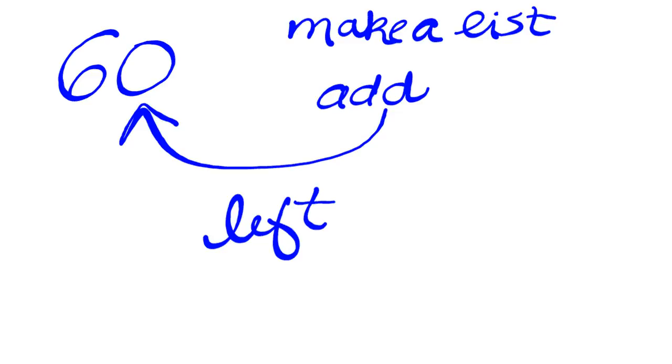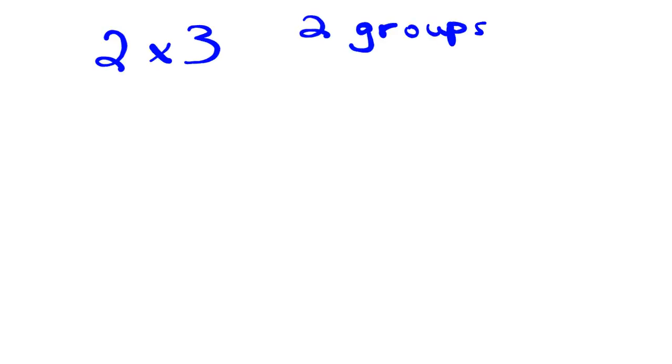Okay, so he asked why do two negatives make a positive? And I'm going to explain that, but you really have to think, okay? So put your thinking cap on, and here it is. Okay, if I have 2 times 3, then that says 2 groups of 3.